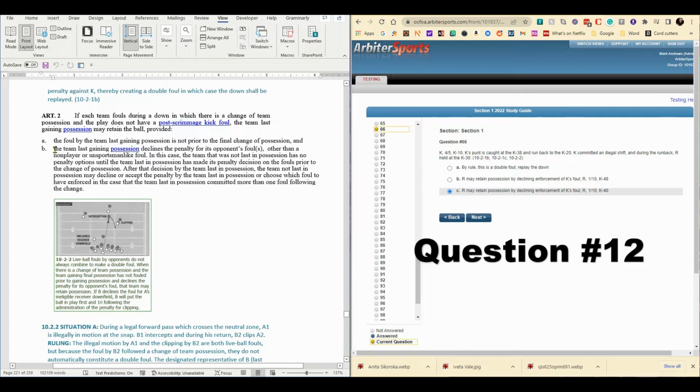B says the team last gaining possession declines the penalty for its opponent's foul. Okay, so if R declines K's foul, then they can keep the ball, but they still have a foul. And now we have to determine where we enforce the holding penalty on R.